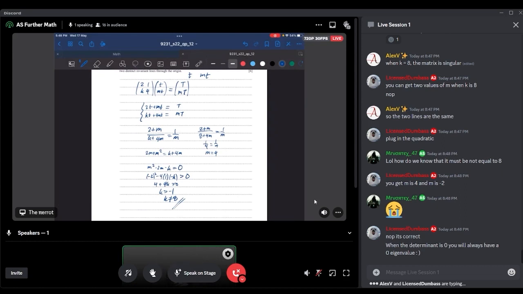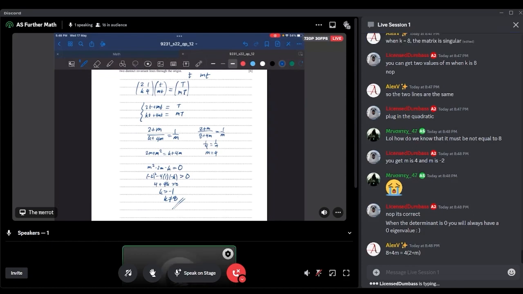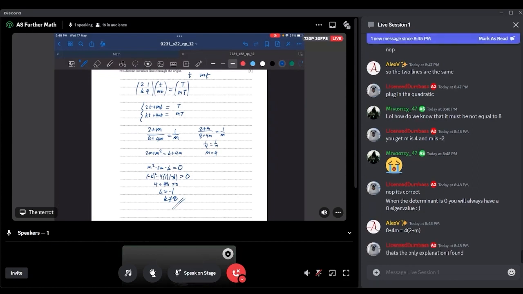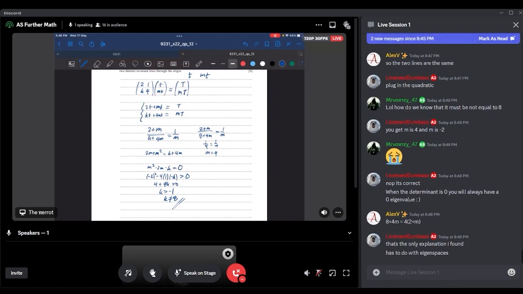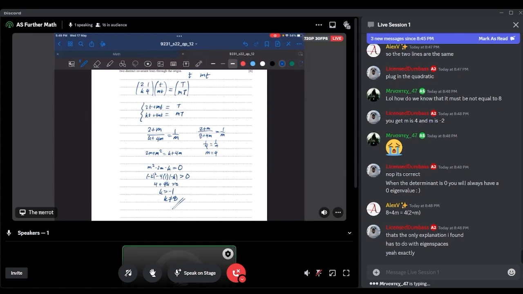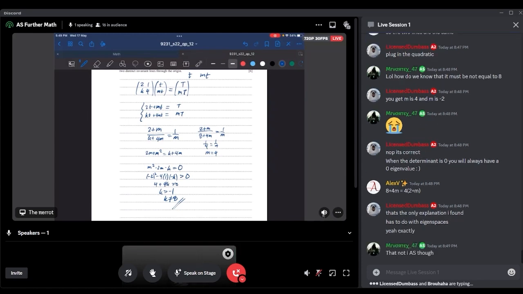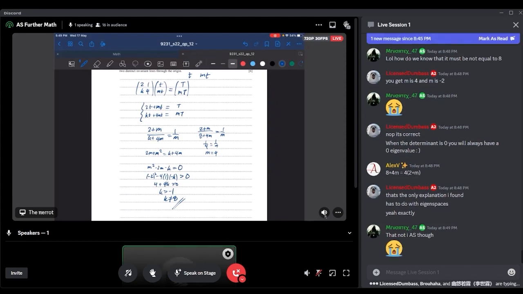The problem is the eigenspace stuff, but we don't talk about that in FP1. And please don't intimidate the FP1 people. That's not AS, don't worry yet. That'll be in your A2 next time. Eigenspace, eigenvalue, eigenvector. Soon in part 2.